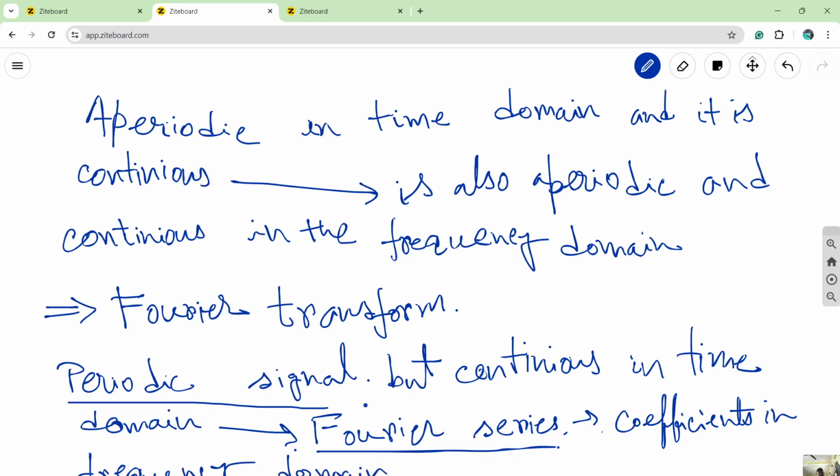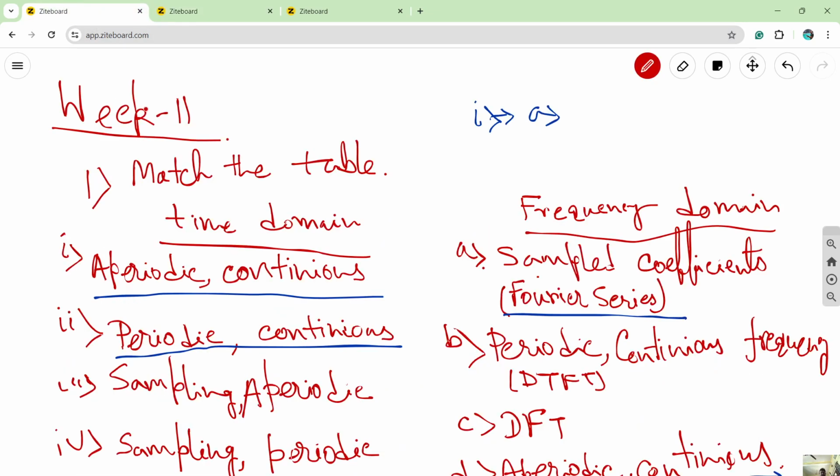Because it is periodic, it will be discrete in the frequency domain and it will have only coefficients in the frequency domain, which is the particular frequency of that particular time domain signal. So, sorry, it was D. This is A.